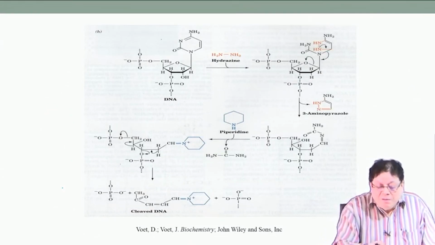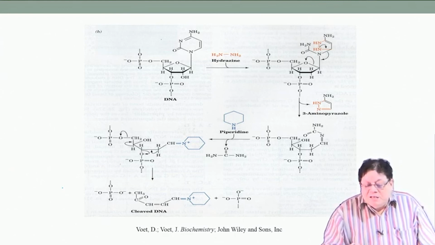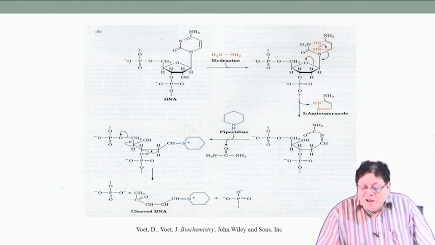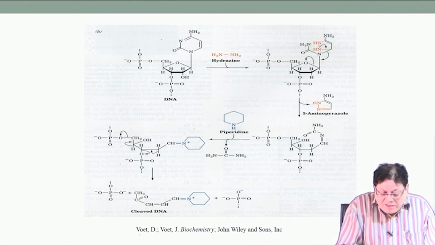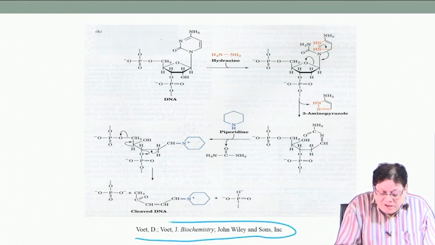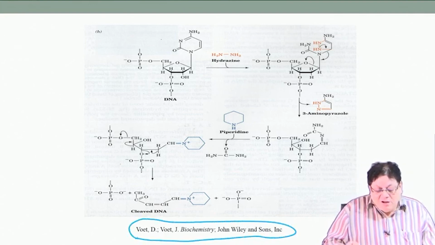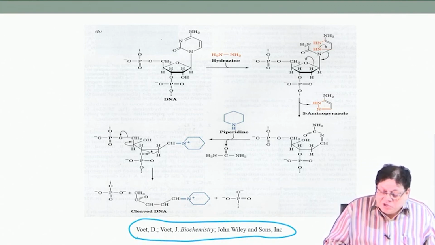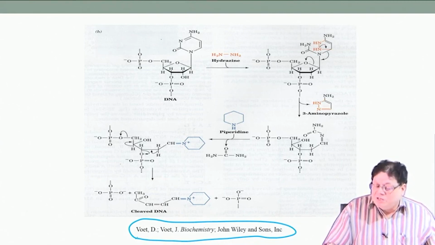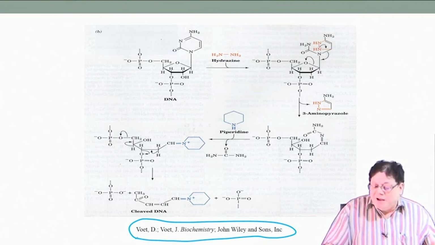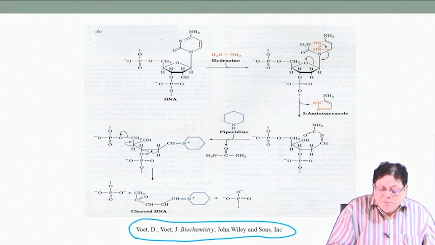You can remove the pyrimidine bases by using hydrazine, and this is given in the reference, Voet and Voet biochemistry, the mechanism of hydrazinolysis. This is called hydrazinolysis because you are breaking by hydrazine.